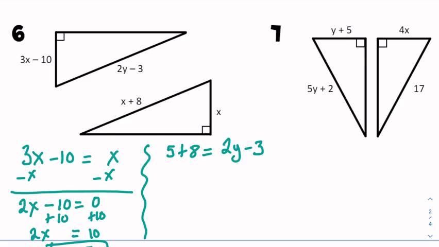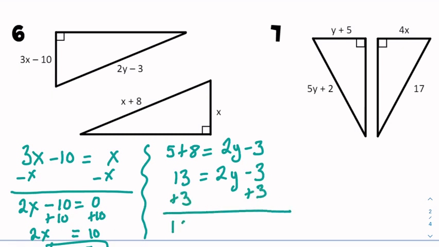That is a problem we can solve. 5 plus 8 is 13. So go ahead and simplify that and rewrite your equation. Next, I'm going to add 3 to both sides. So now I have 16 equals 2y. And now I'm going to divide both sides by 2. So y equals 8. All right, that is number 6. Go ahead and use the same process to solve number 7.